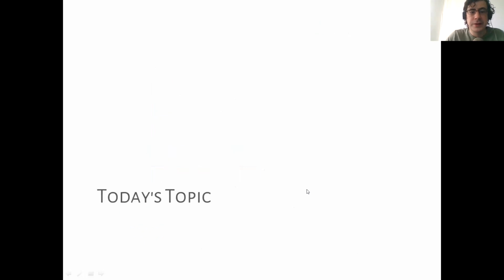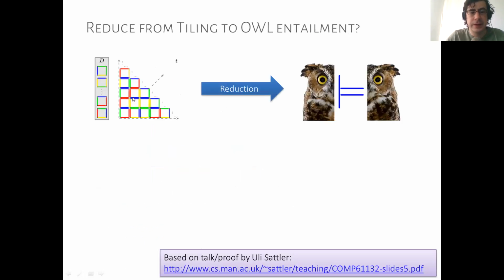Okay, so we're going to start today by looking at how we can reduce from the domino tiling problem, how we can express that as an OWL entailment problem, how we can actually model this problem as an ontology, which sounds a bit bizarre, but we can, as we'll see.